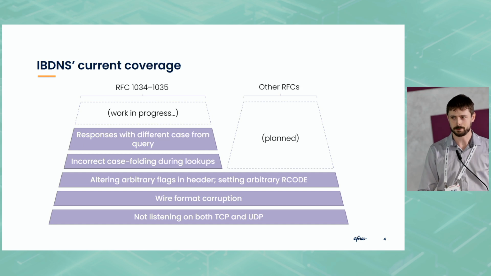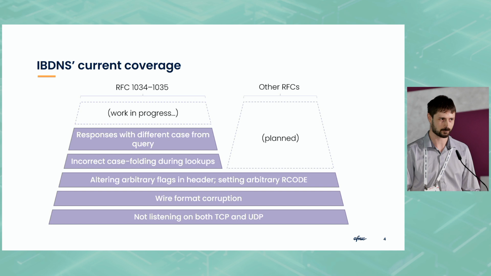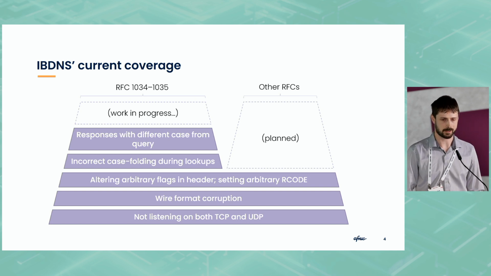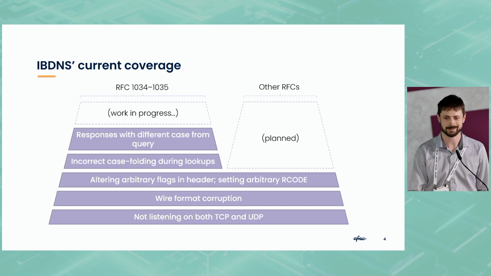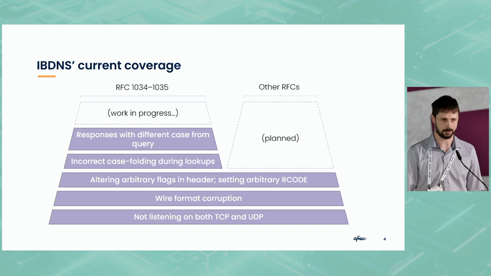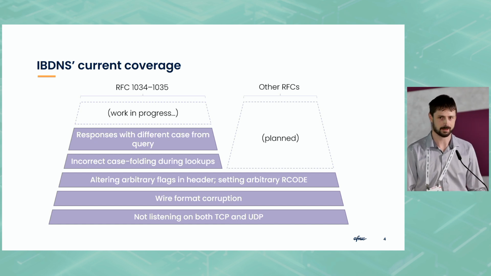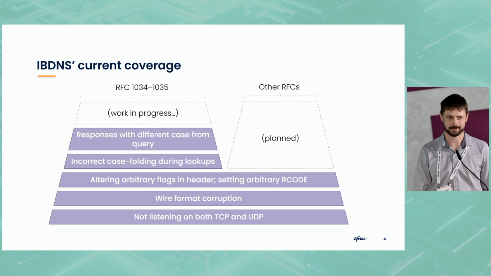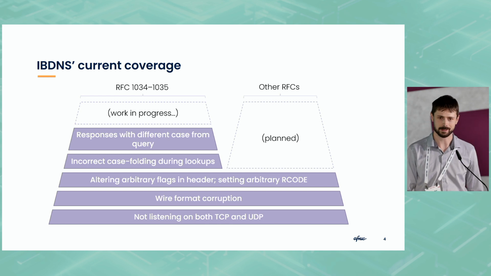We can intervene on the header. We can also have incorrect implementation of case folding, as specified in RFC 1034 and 1035. And as of now, it's still a work in progress, and other things are planned, like doing EDNS or even DNSSEC later.